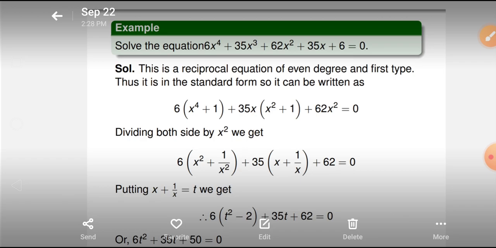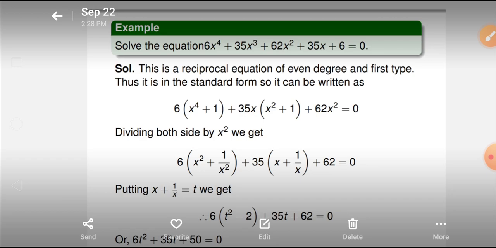So we can rewrite this equation as 6(x^4 + 1) + 35x(x^2 + 1) + 62x^2 = 0. From the given equation, we combine two terms: the first term and the last term, and the second term and the fourth term. If we combine these, we get this equation.